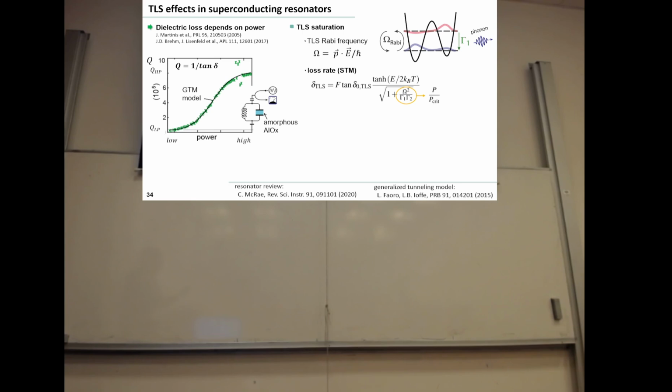Yeah, and accordingly, you can then model these kinds of loss rate dependencies using this standard formula here, where the power is basically given by the square of the Rabi frequency, which you just have to compare to these decay rates here in order to get some factor here, which then leads to this S-shaped curve.